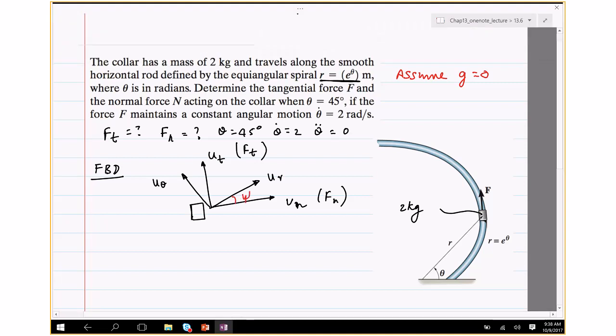Psi is the angle between r and n, and tan of psi is r divided by dr d theta. So we can find psi because we know what r is. It's just f of theta. So I can find psi. Once I find psi, I can then resolve forces in the t and n, the r and theta direction.